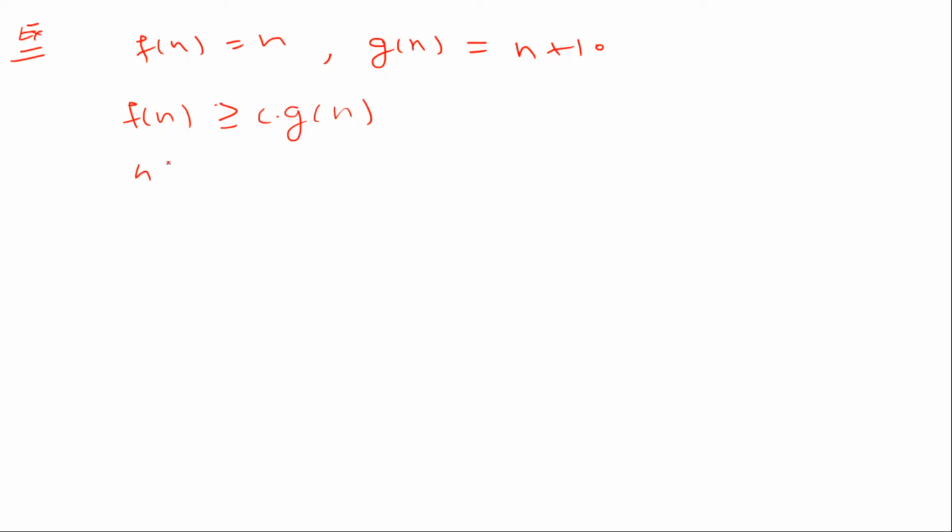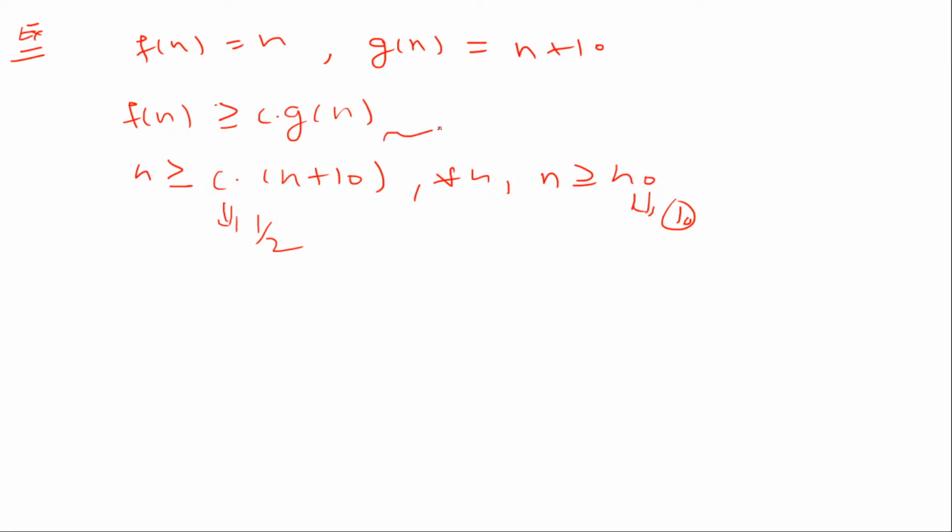Fn n greater than c dot gn n plus 10 for all n greater than or equal to n naught. We put the value of n naught as 1, or n naught value of 10, and put the c value of 1 by 2. It will follow the condition of omega notation, right?